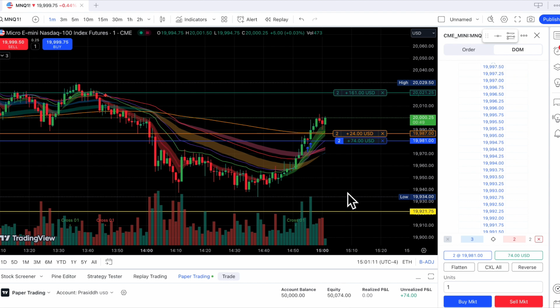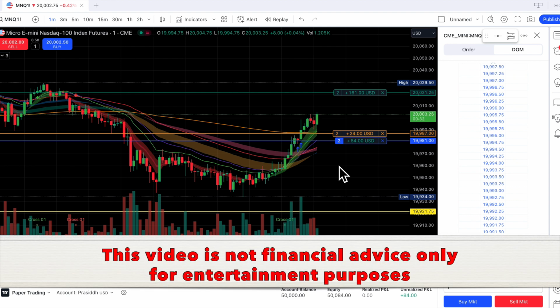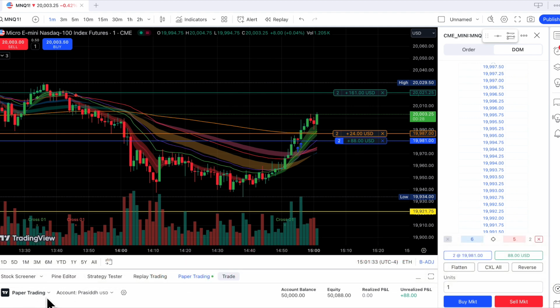As you all know, most of the platforms have a $3,000 profit target. So before you start any trading with a platform, you can practice on TradingView paper trading. It is very similar to a platform.